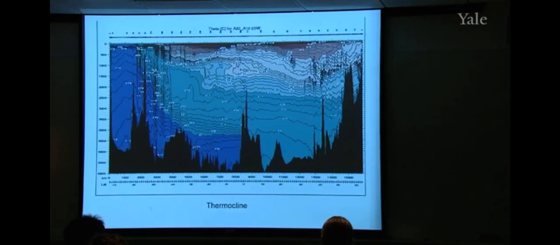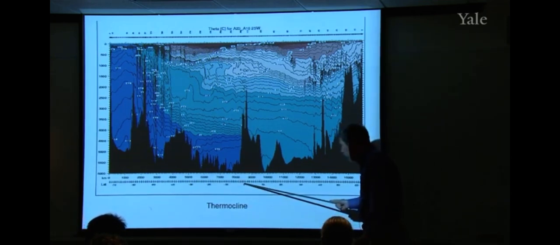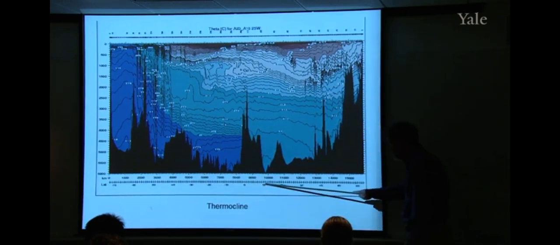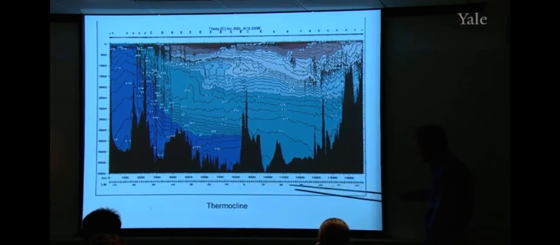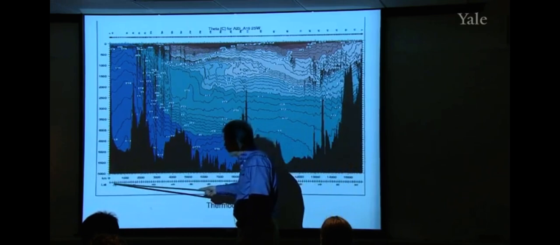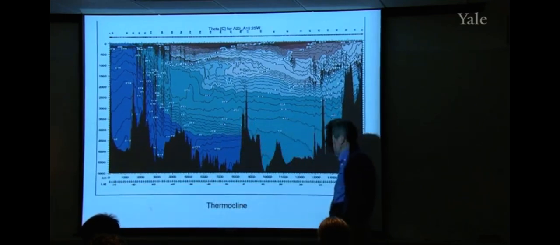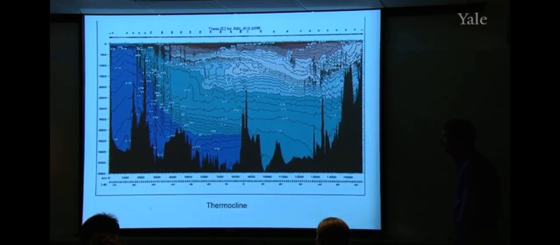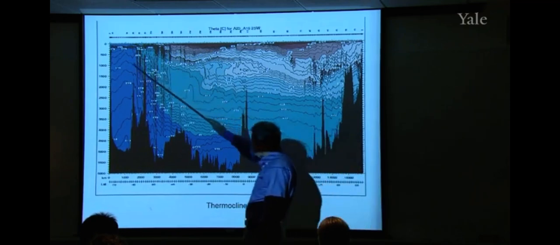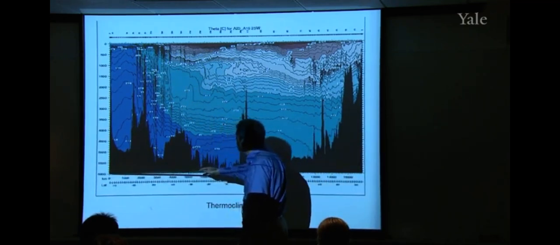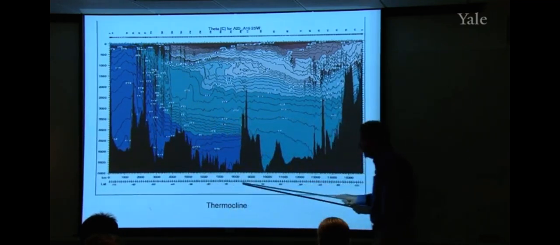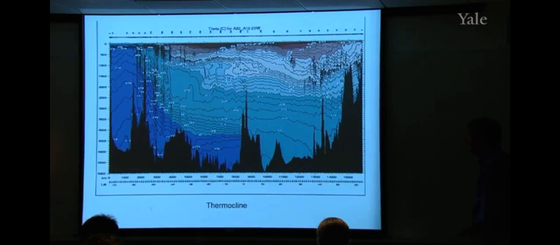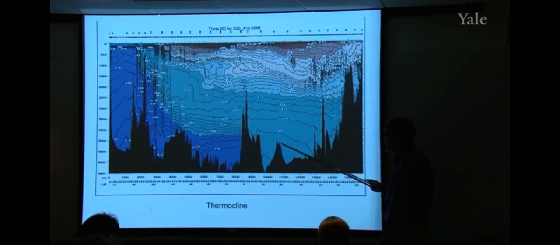If you do a cross-section, this happens to be a north-south cross-section through the Atlantic Ocean from high latitudes to low. Perhaps you can't read in the back, but the equator is there, 10 degrees north, 20 on up to 60 degrees north, and on down to minus 70 degrees latitude, 70 south. Here's a depth scale going from 0 down to 6 kilometers, and then the horizontal scale is what I indicated. And contoured here is temperature.